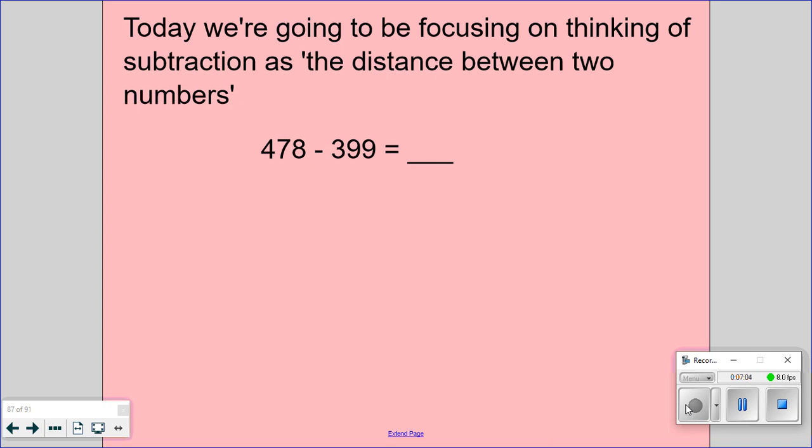So this says the distance between 478 and 399 is worth mystery number. It is a lot easier to think about the distance between two numbers as being on a number line. So let's go ahead and draw a number line.